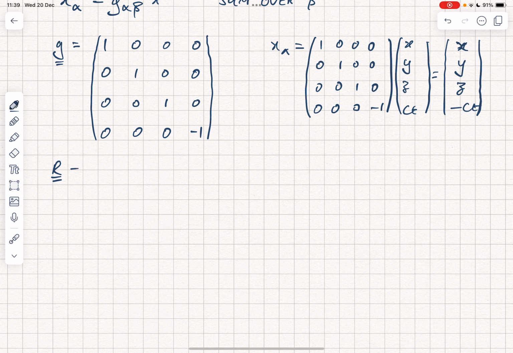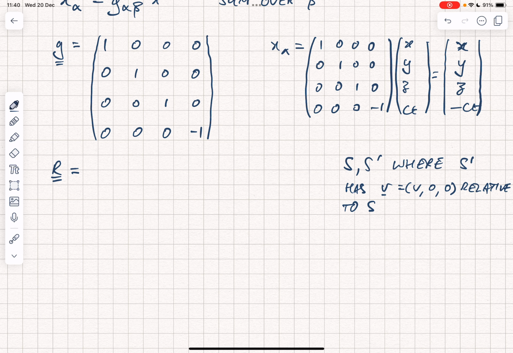If we assume that we are going between two frames S and S prime, where S prime has a velocity v equal to v, 0, 0 relative to S, and then we write the Lorentz transforms R as gamma, 0, 0, minus beta gamma, and I'll define those terms in a moment, 0, 1, 0, 0, 0, 0, 1, 0, and then minus beta gamma, 0, 0, gamma.